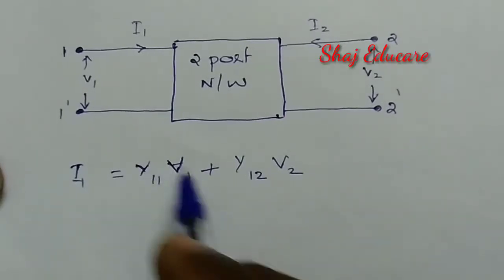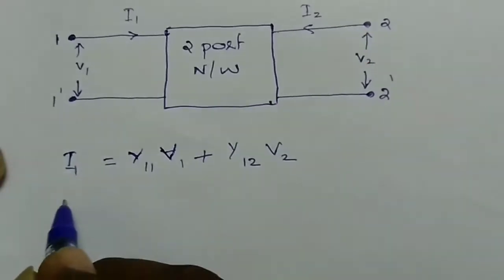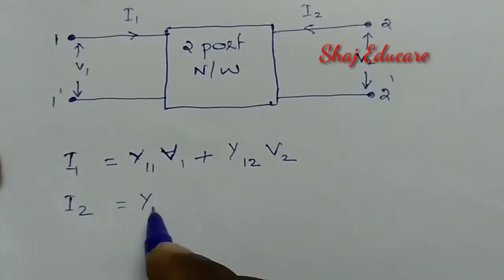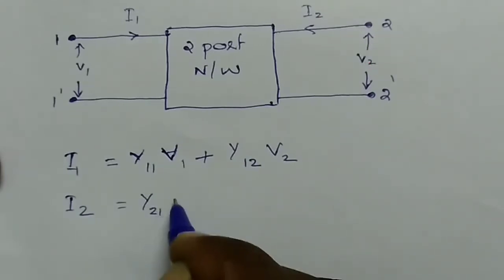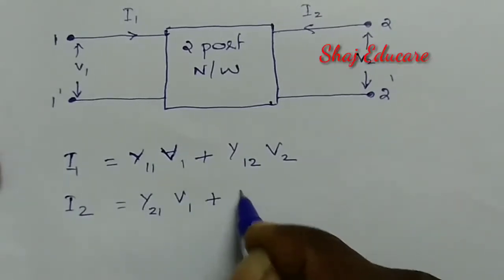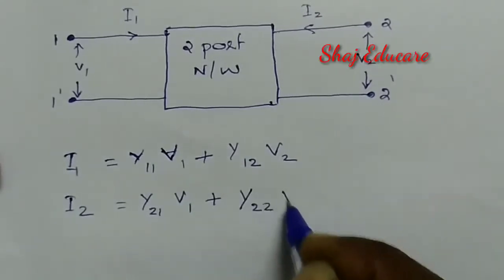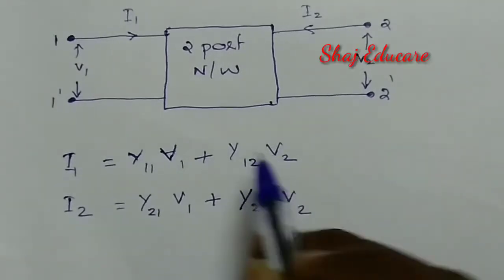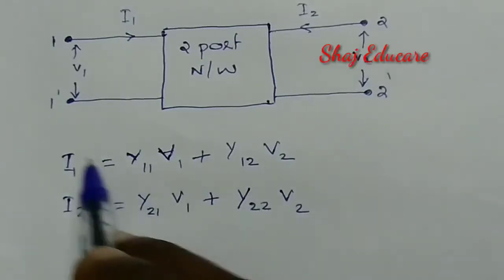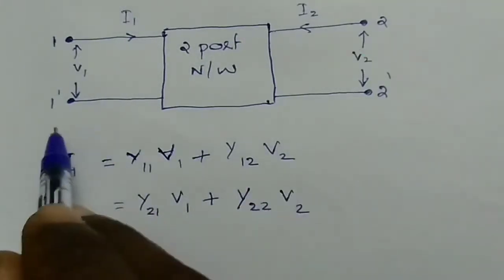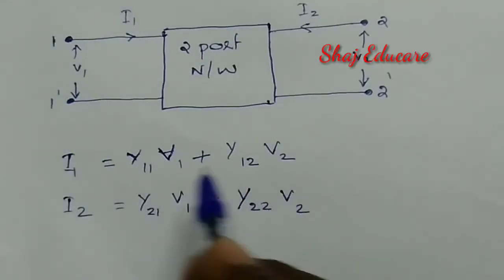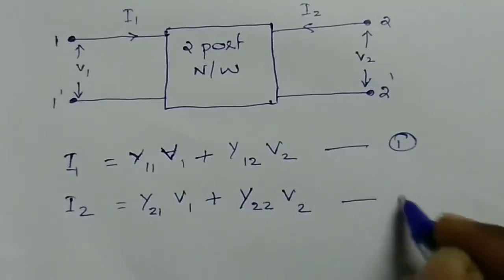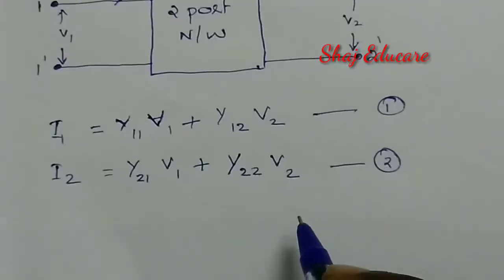The next equation is the expression for the output current I2. I2 is equal to Y21 V1 plus Y22 V2. In order to find the short circuit admittance parameters, you have to study these two equations. Let us denote this as equation 1 and this one as equation 2.